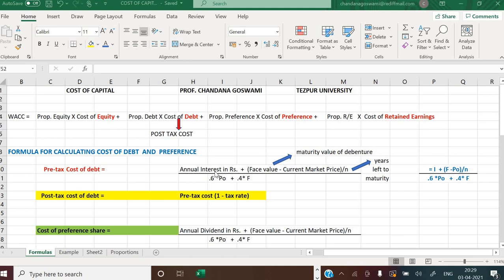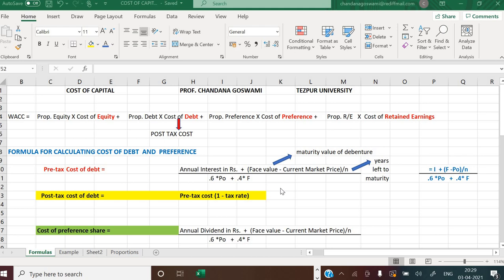Please do not make the mistake of putting in the interest rate and percentage out here. So it's interest in rupees. Then we take the difference between the face value and the current market price and divide it by n. N is the number of years left to maturity. Face value is also occasionally mentioned as maturity value.